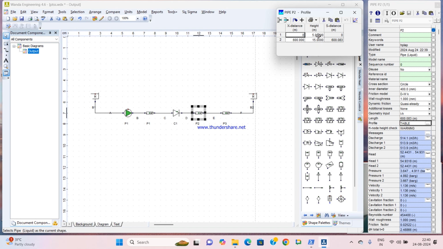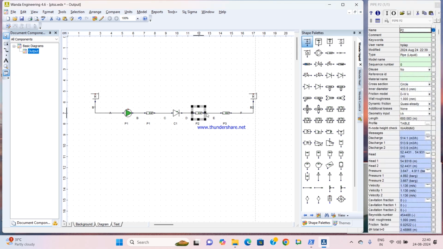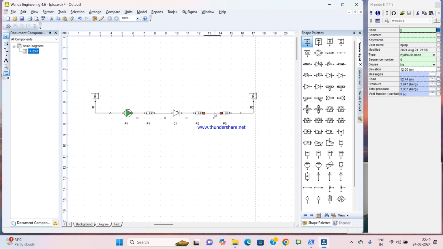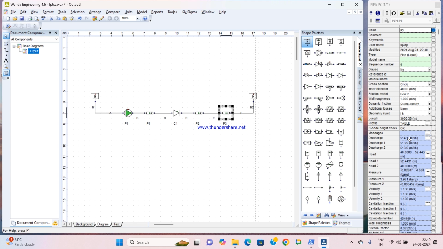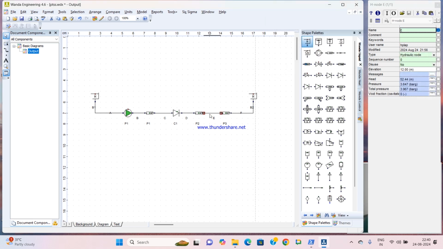As the elevation started from 5, so this also is 5, and if you see, this will end as 15. So this I have given arbitrarily 12, because if you see this profile, this is started from 12, so that's why this part is given 12.